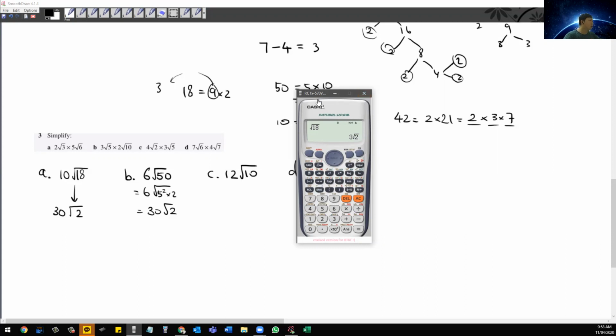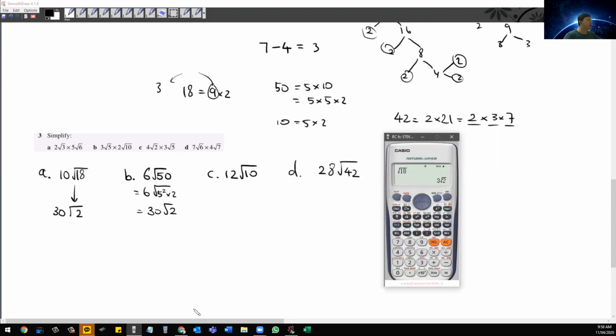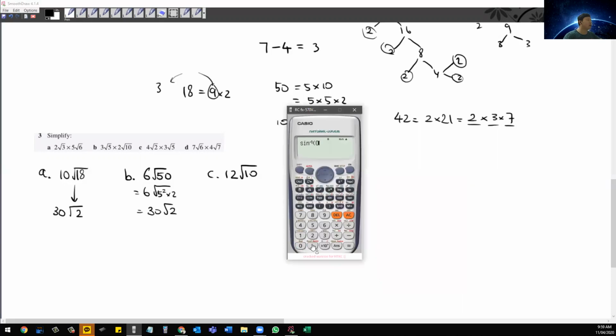So if you guys want, probably you guys have a black version of this, right? Yes or no? Yeah. It might be a good idea if you guys really want this. It's quite helpful because, for example, if I do inverse sine, maybe you guys understand this, I don't know. So inverse sine of 0.5 is 30 degrees.